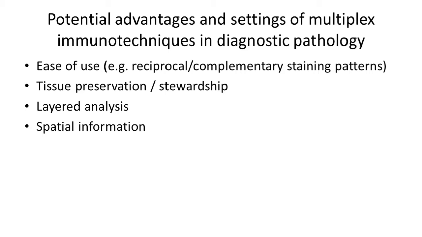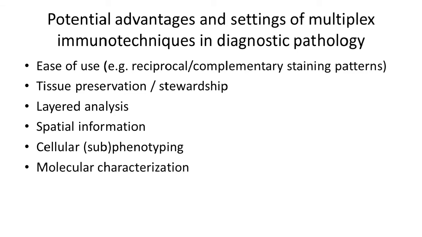And something else that we could do with multiplexing would be layered analysis, where you stain a particular population of cells and then look for expression of a particular other target within that specific population. These are sometimes very difficult to identify just by the morphology alone, something that we'll have a look at. Spatial information in one slide can be very important and can hold a lot of information as to, for instance, the invasive pattern of various cancers.